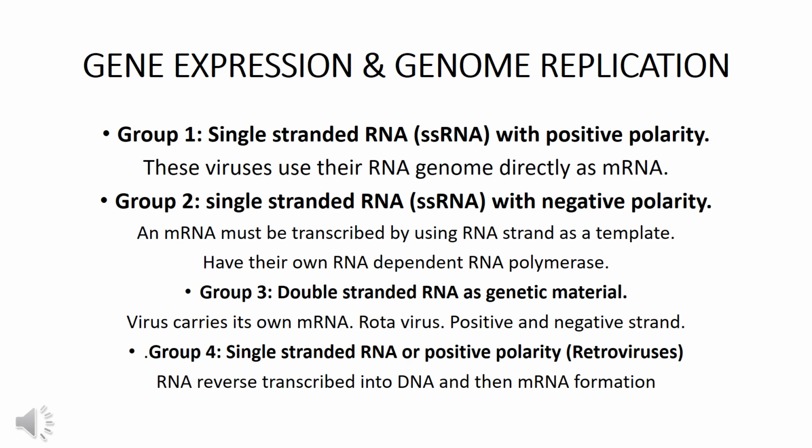Mostly in double stranded RNA viruses, one strand is positive and the other strand is negative, but in the case of rotaviruses, the positive strand is unable to form mRNA directly, because the positive strand and negative strand RNA are strongly attached with each other with the help of hydrogen bonds.